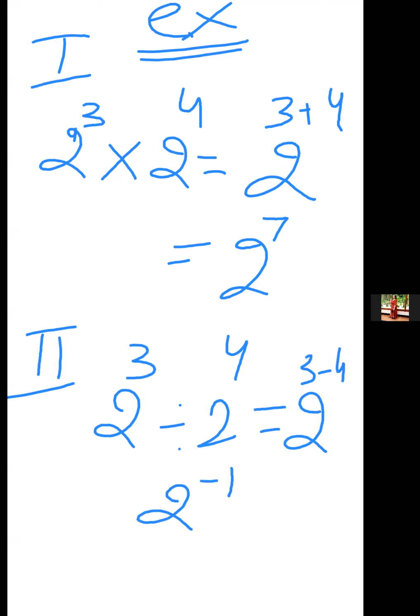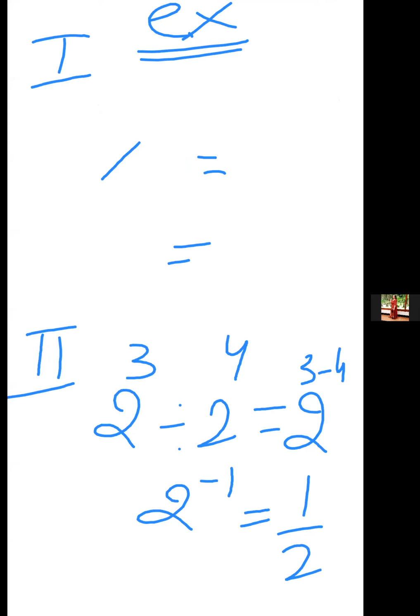Now see here the third law, which is related to the second law. Third law is negative, and you see in the second law the answer is in negative. So what you have to do? Answer is 1 upon 2. You can change it to 1 upon 2. This is your third law now.